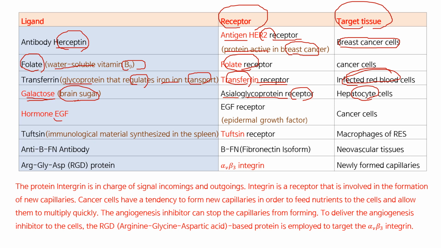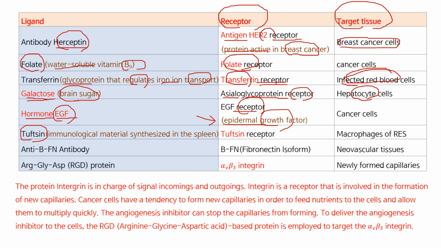Hormone EGF, targeting EGF receptor. This is epidermal growth factor. This EGF receptor controls the epidermal growth factor, and the hormone EGF targets this receptor.